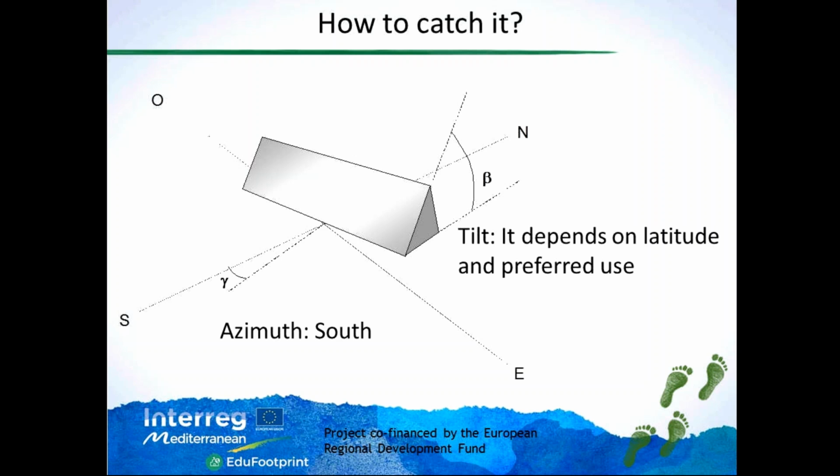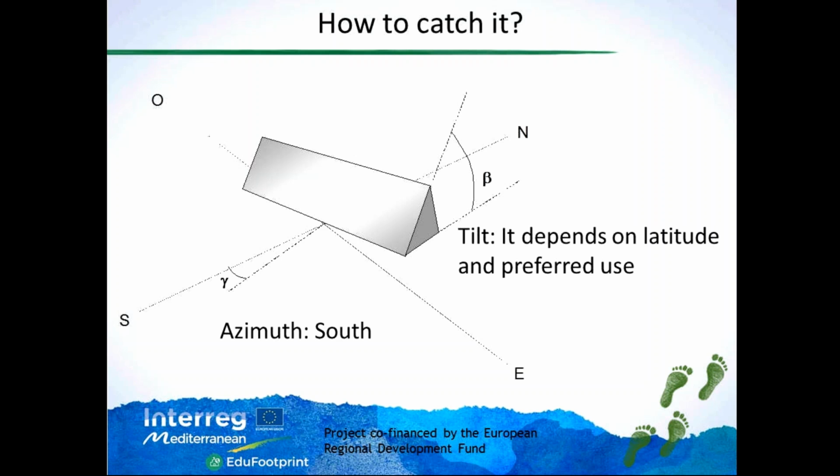For instance, if you want to maximize the winter yield of a solar collector, then you have to increase the tilt, because during the winter season the average height of the sun above the horizon is lower than in the summer. While if you want to maximize the summer use, then the collector should be installed with a tilt angle as low as possible.